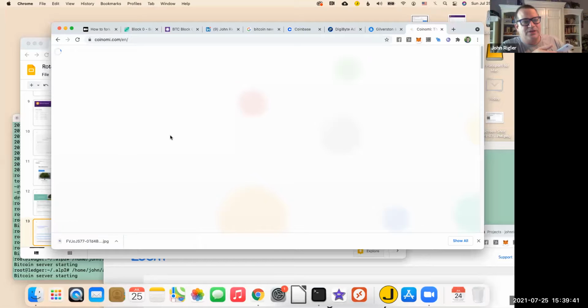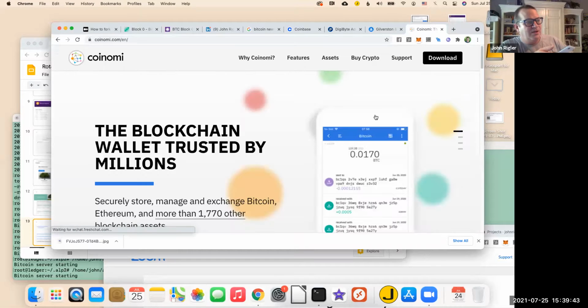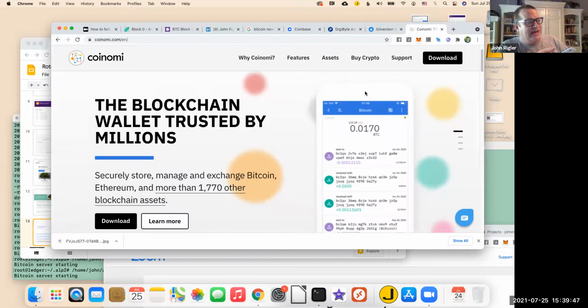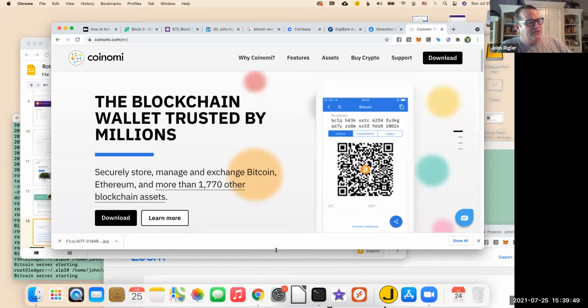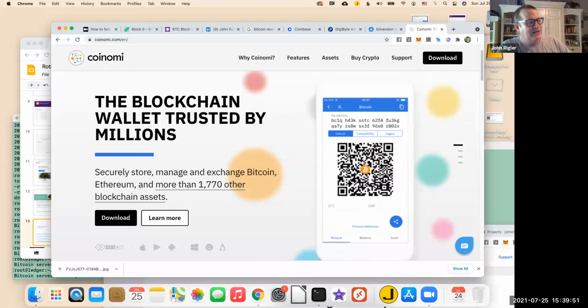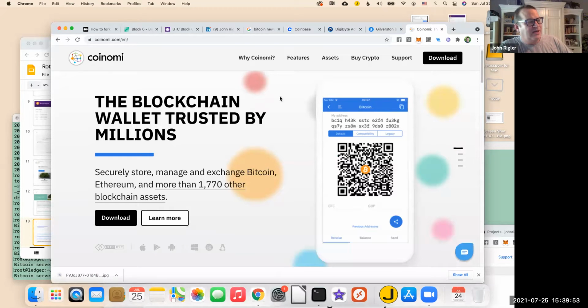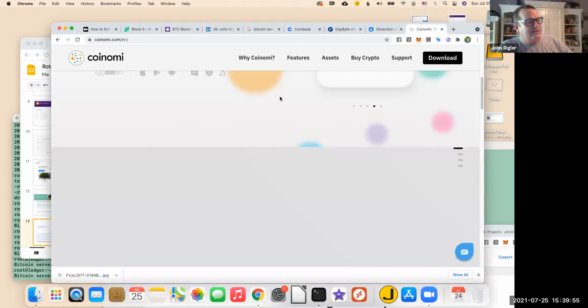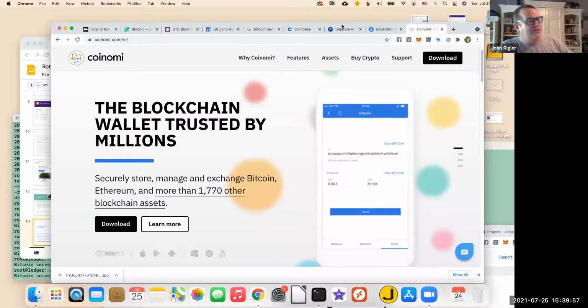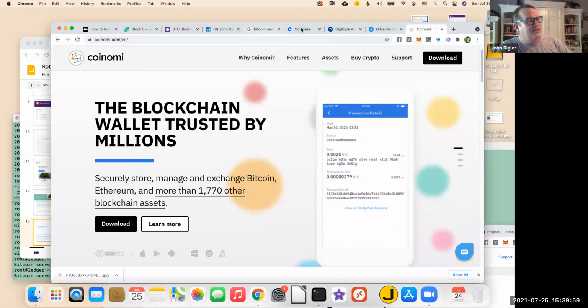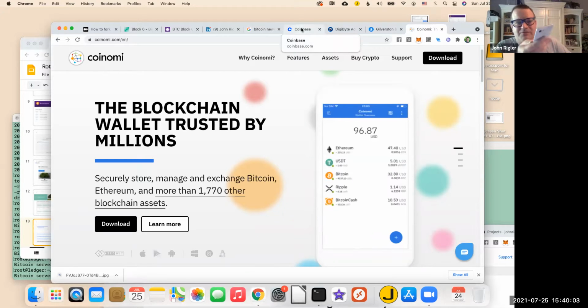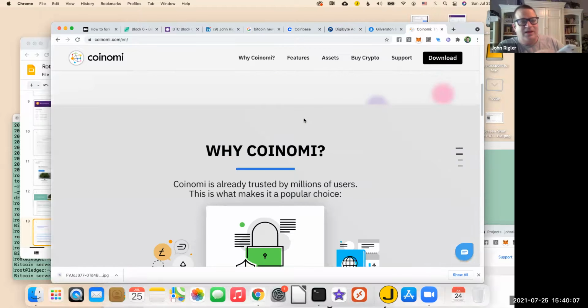This website's really good. See, there's the app right there, right? It's sort of the same thing that you just saw a second ago with Coinbase. You could actually transfer the Polkadot from yourself into this Coinomi app on your phone.